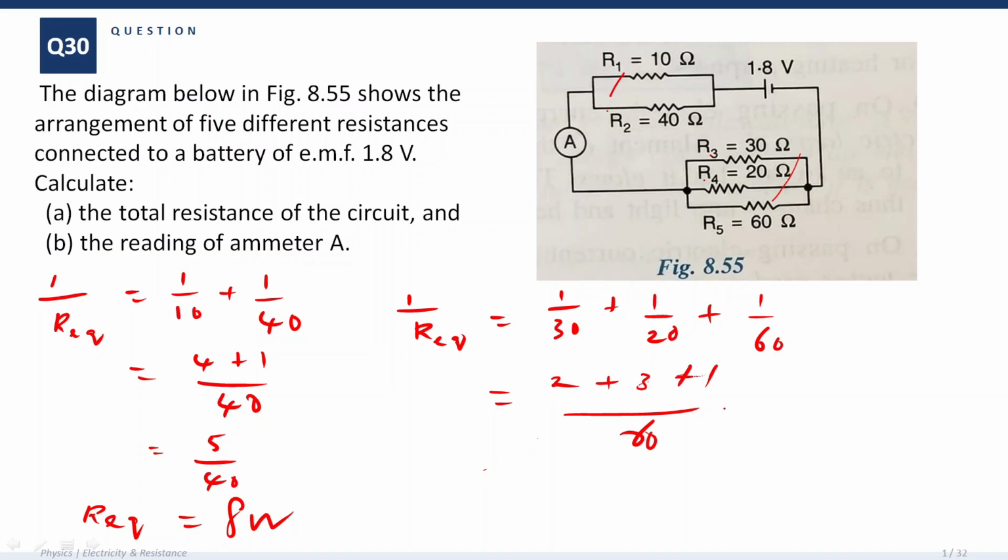That implies 1 by R equivalent equals 6 by 60. 6 one's are 6, 6 tens are 60. So you will get here R equivalent equal to 10 ohms.